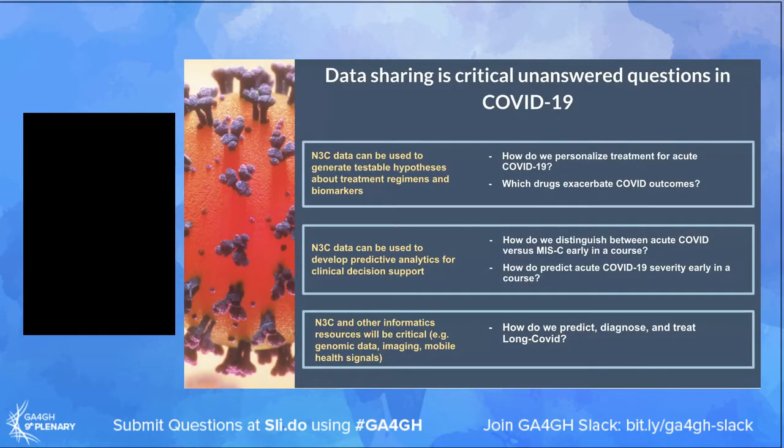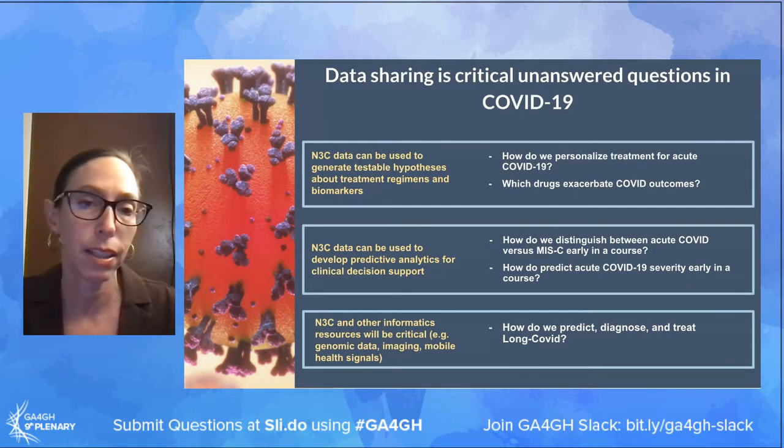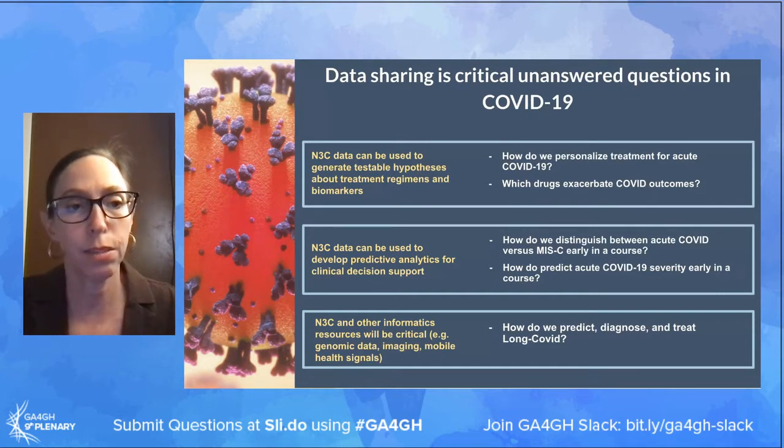So obviously, we're all here to talk about data sharing in the face of the pandemic. In the United States and elsewhere around the world, it's very challenging to get your hands on large amounts of clinical data in order to do discovery analytics. And so one of the things that we really set out to do is to say, how can we actually have enough data to reveal the patterns of the clinical outcomes of this disease?